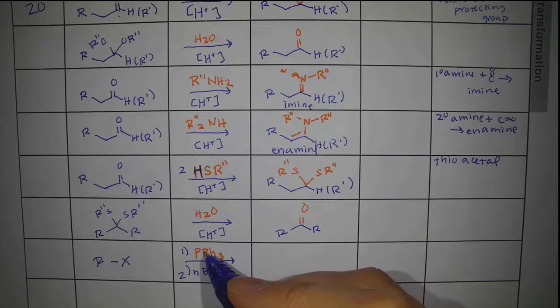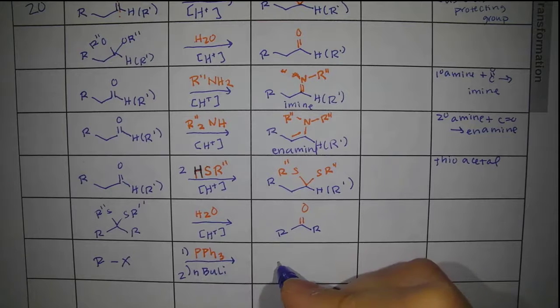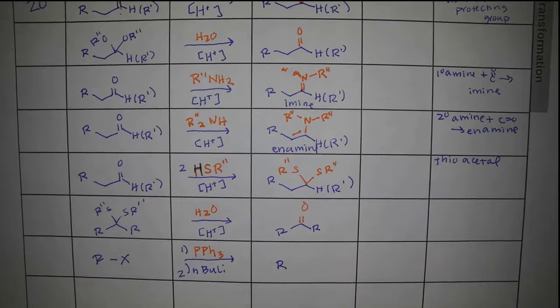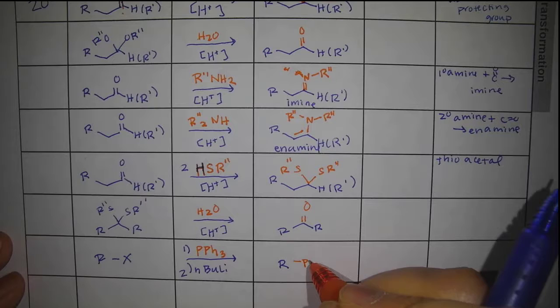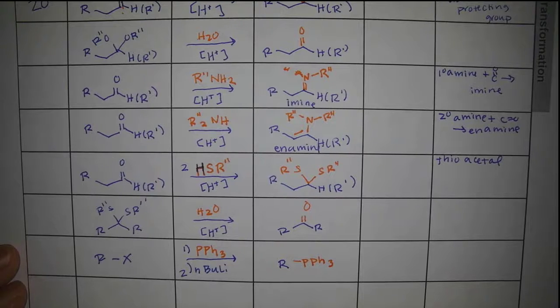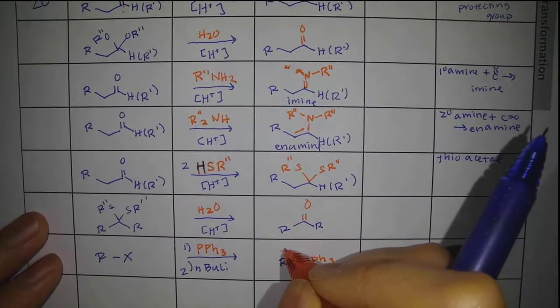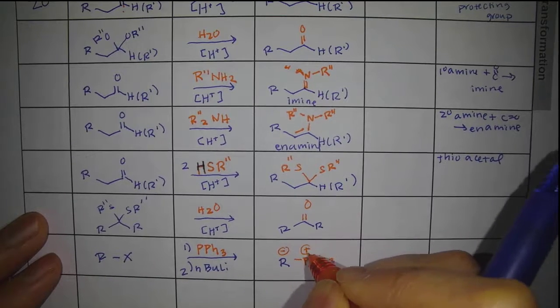When you add triphenylphosphine, that's going to substitute and replace the halogen, and the base is going to make our carbon negative. So we'll have the negative carbon here and the positive here.